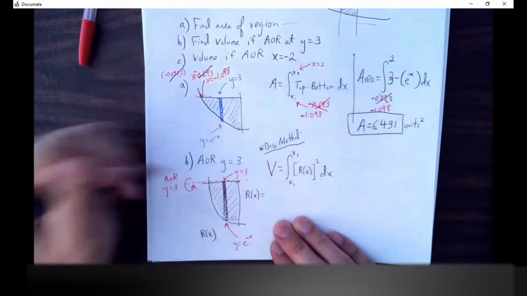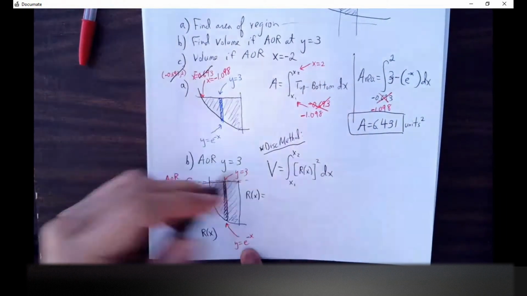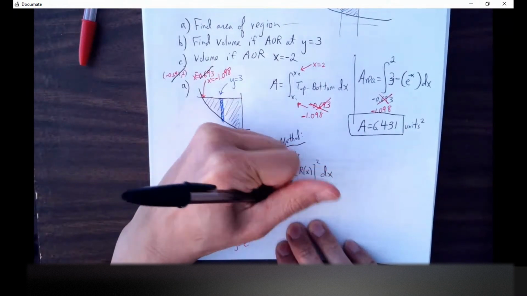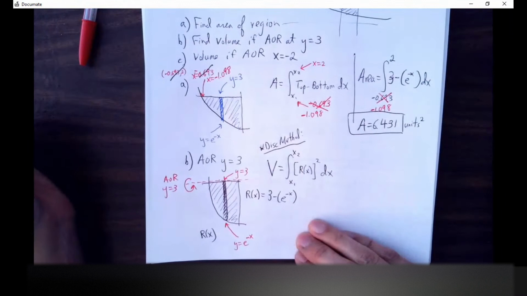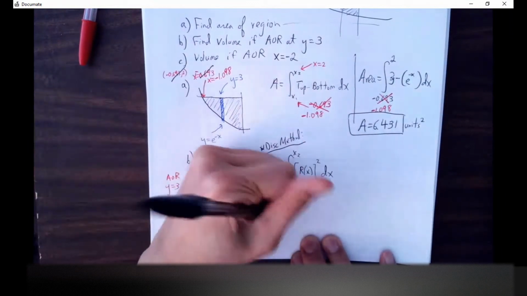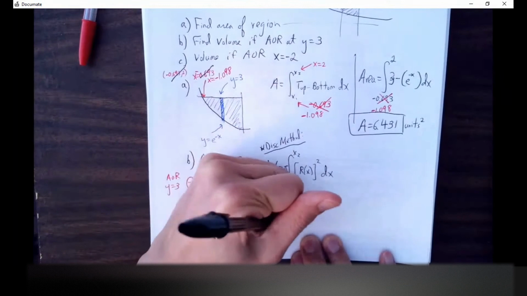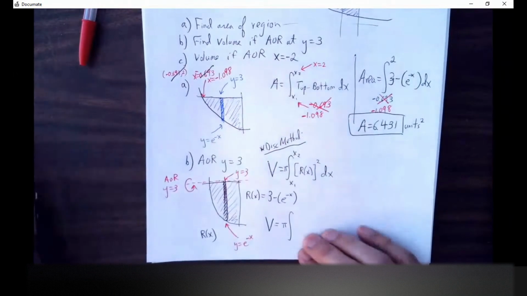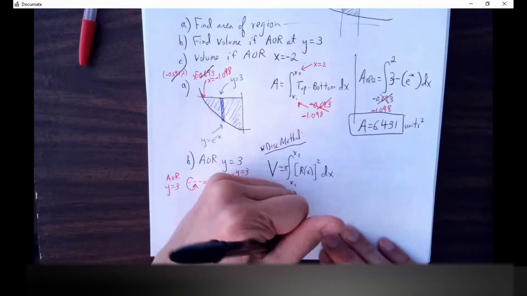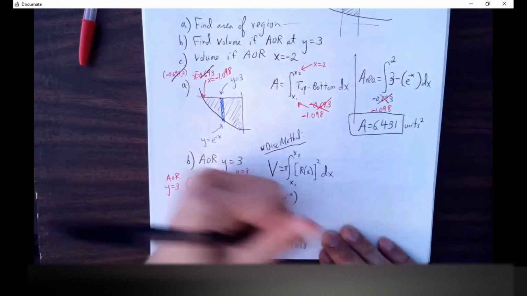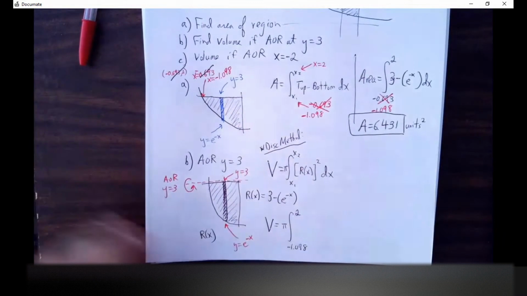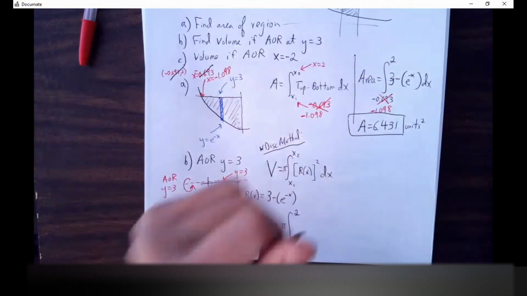All right, we know our radius is just going to be top minus bottom, 3 minus parentheses e to the negative x. And we're just going to insert our bounds into our formula, and then big radius squared.